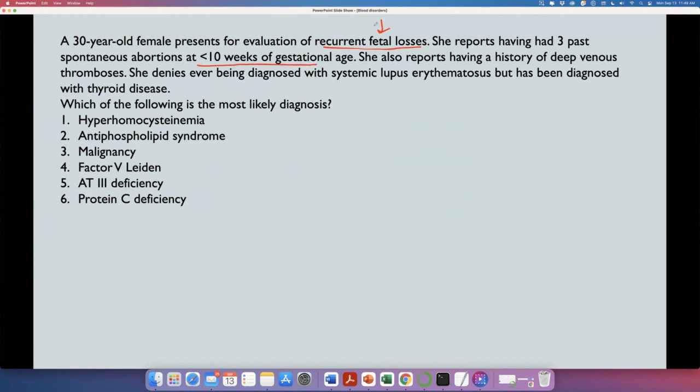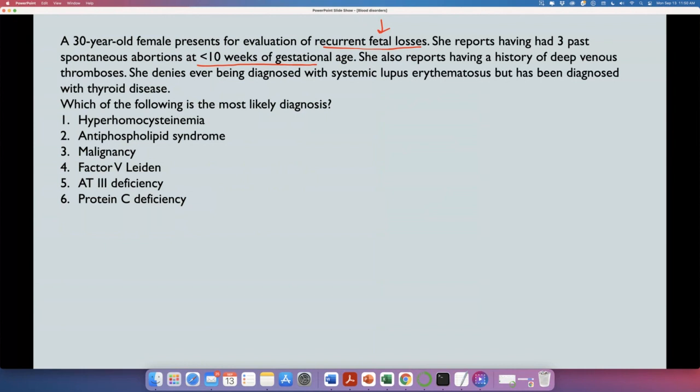Several spontaneous abortions, recurrent fetal losses, that is advanced pregnancy. And she has a history of deep vein thrombosis. She denies ever being diagnosed with systemic lupus, but has been diagnosed with thyroid disease. So we have here something different.